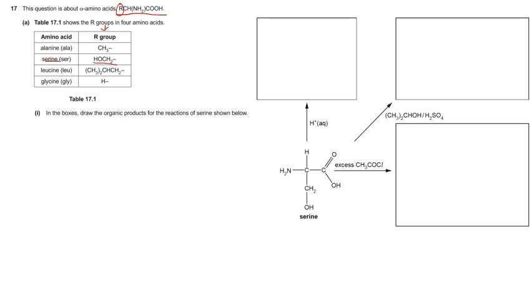Okay, so we've got 3 reactions to do. First of all, we're just going to acidify it. Right, so we're going to protonate anything that could accept a proton, and we see this amine group here. So the lone pair of that nitrogen is going to accept the proton, and we're going to get a protonated amine group. So let's draw that out.